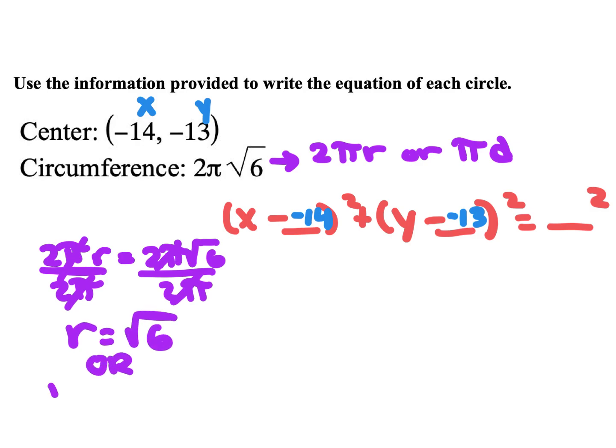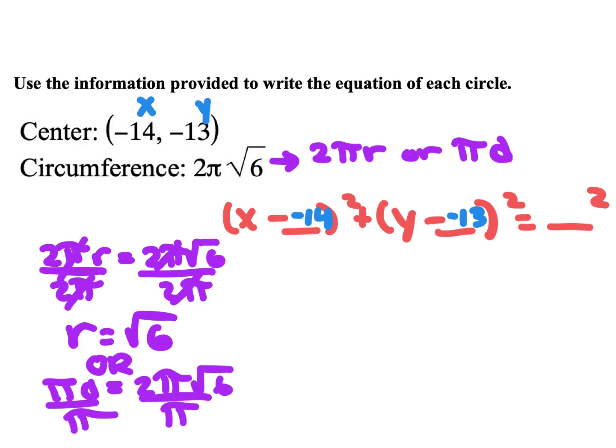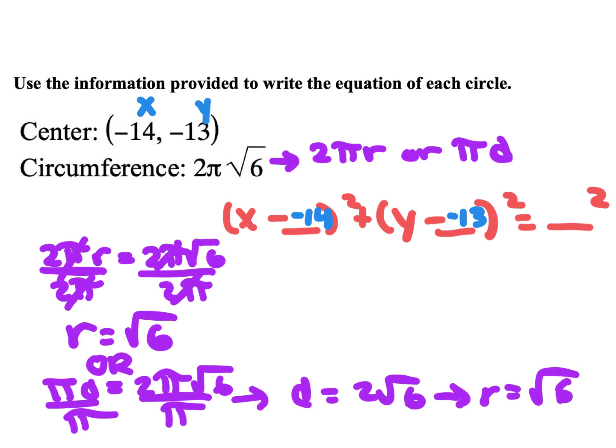Or you say pi times diameter equals 2 pi root 6. Divide both sides by pi. This gives you that the diameter is 2 root 6. So subsequently the radius is half of that. So the radius is radical 6.